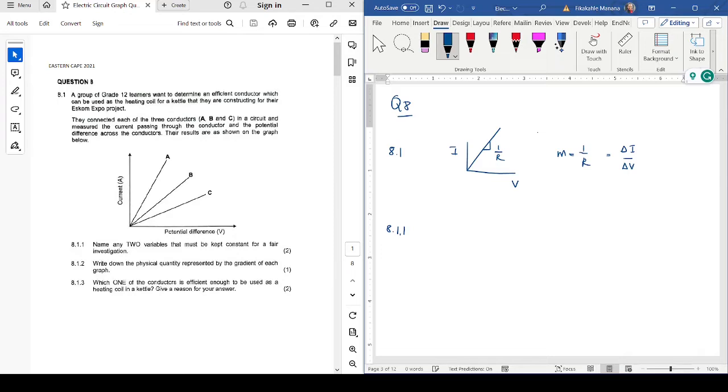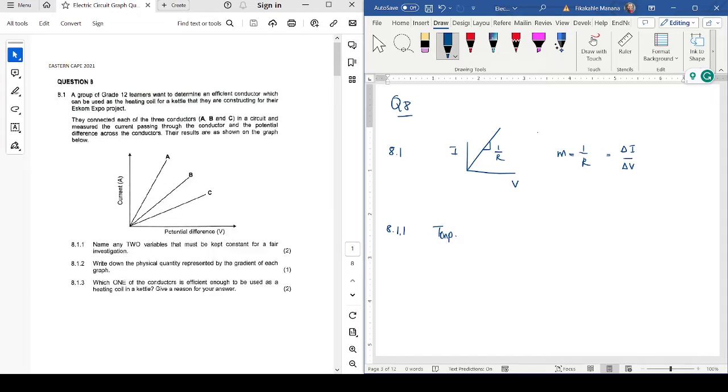It says name any 2 variables that must be kept constant for a fair investigation. You know that if you're conducting an experiment or an investigation, you need to have constant variables, or else it will not be a fair investigation. In this case, I would say temperature is one of them. Make sure that the temperature is constant, like for example, room temperature.